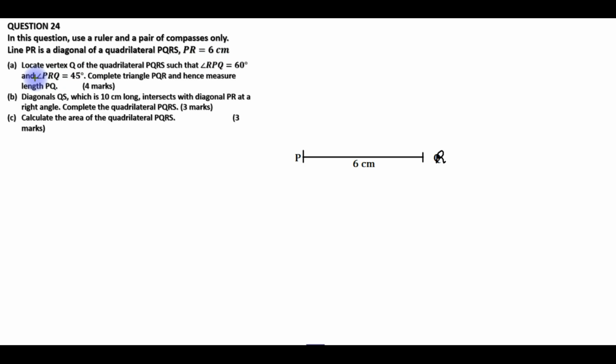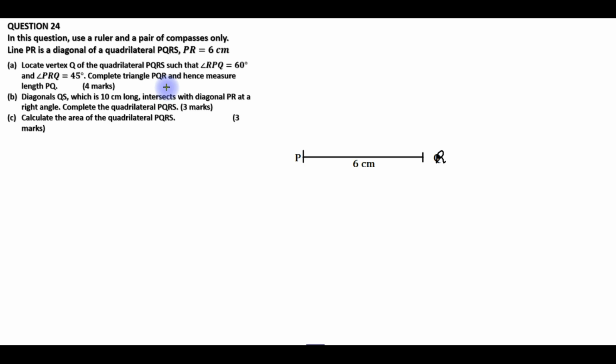Then we are required to locate vertex Q of the quadrilateral PQRS such that angle RPQ is 60 degrees. So we are going to draw an angle of 60 degrees at P, and then angle PRQ at this point we also draw an angle of 45 degrees.